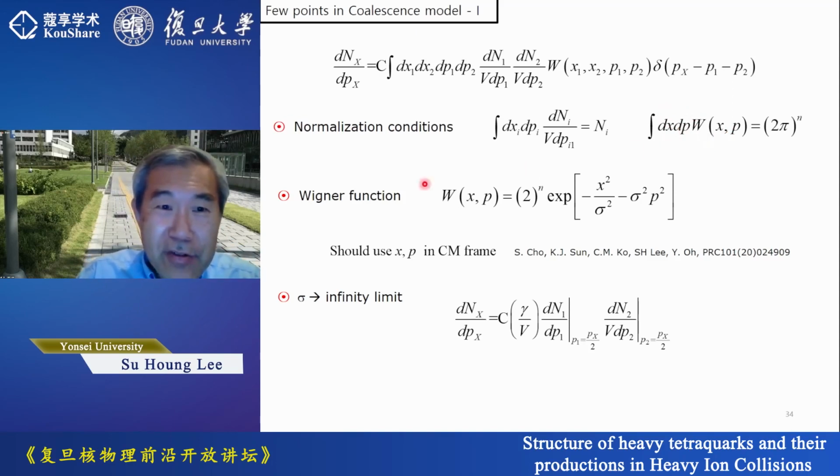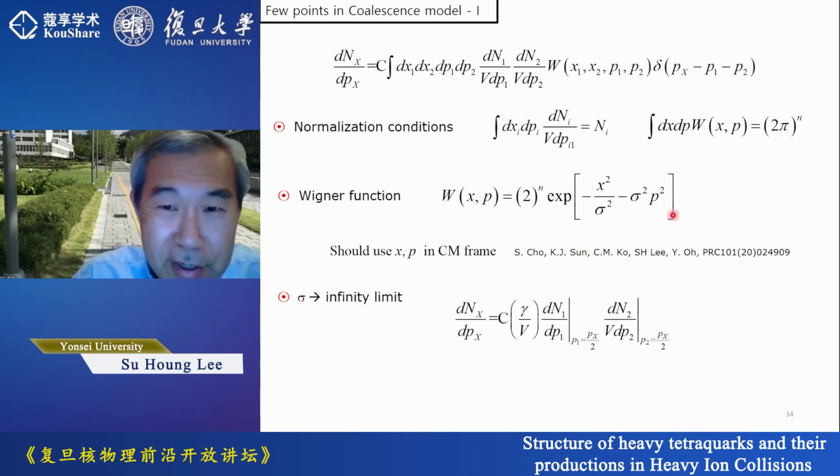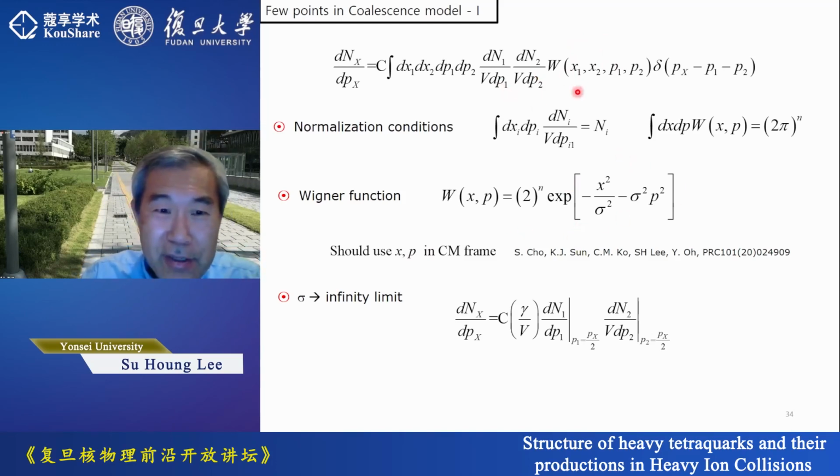Now, for the Wigner function, usually people use a Gaussian because that's the simplest to calculate. And we have realized, with Chen and others, that it is best if you calculate this in the rest frame of the molecule and then calculate the coalescence property. If you do this, one limit is the so-called sigma going to infinity limit.